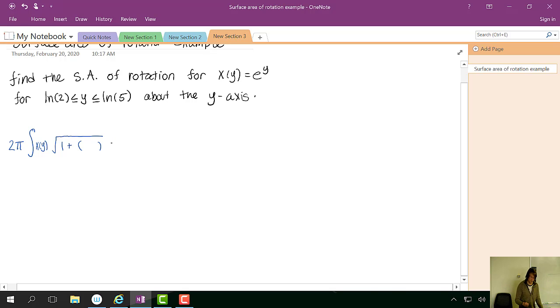And now, are we dealing with the form x as a function of y, or y as a function of x? Or maybe I should say, what are we taking the integral with respect to? As x changes or y changes? Y's changing, right? So dy, and then the slope will be dx/dy.